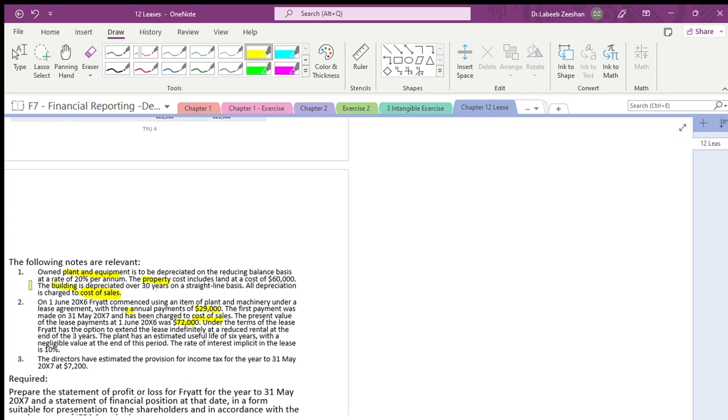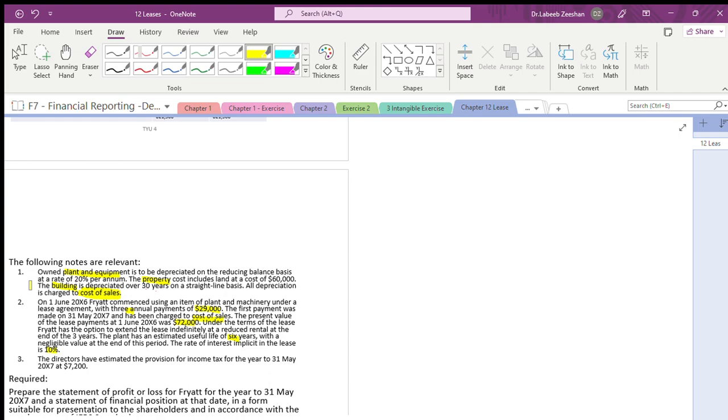Under the terms of the lease, there is an option to extend the lease indefinitely at a reduced rental at the end of 3 years. The plant has an estimated useful life of 6 years with a negligible value at the end of the period. The rate of implicit interest is 10%. Means we have to calculate the schedule for 72,000.